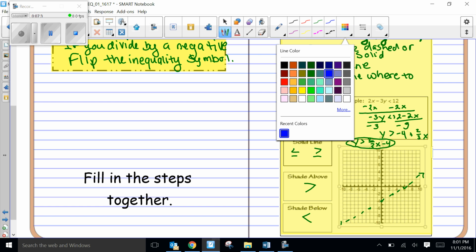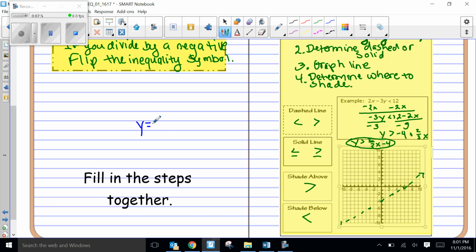So I'm going to come over here. I've got y is greater than 2/3 x minus 4. I'm sorry, I'm so used to y equals. I'm going to plug in 0, 0. So I have 0 is greater than 2/3 times 0 minus 4.